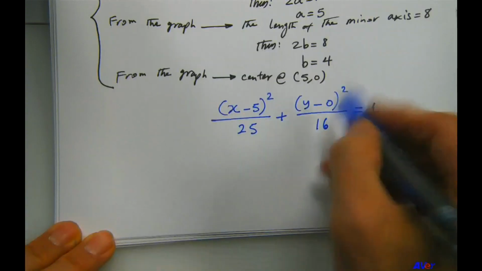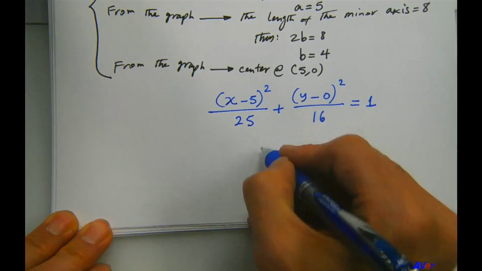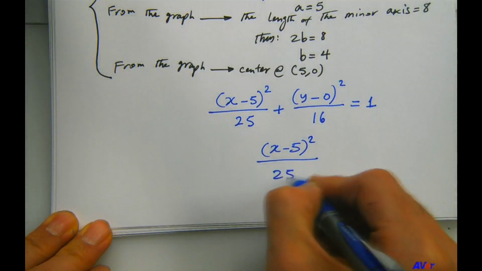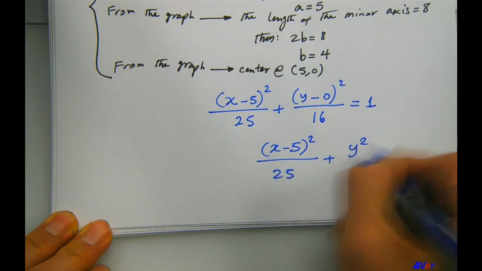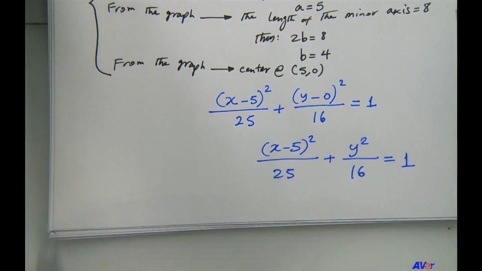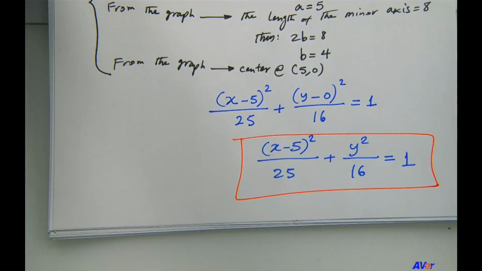Okay, so the 0 goes away, right? So we can simplify this equation. We get x minus 5 squared over 25 plus y squared over 16 equals 1. And this is the equation of that ellipse.